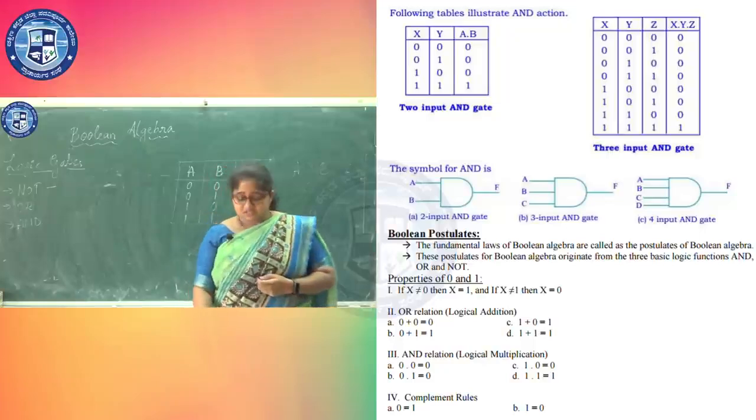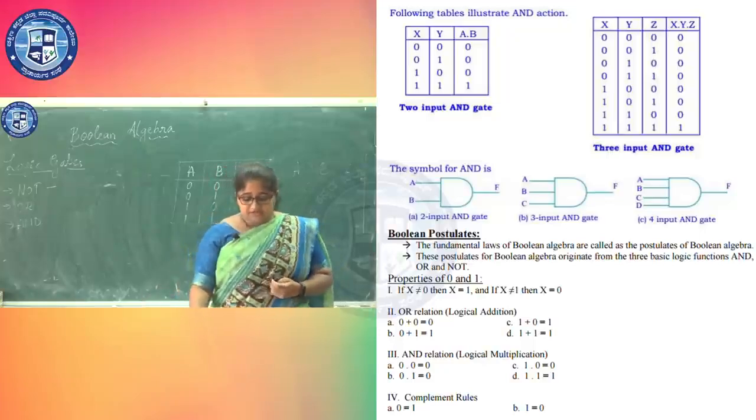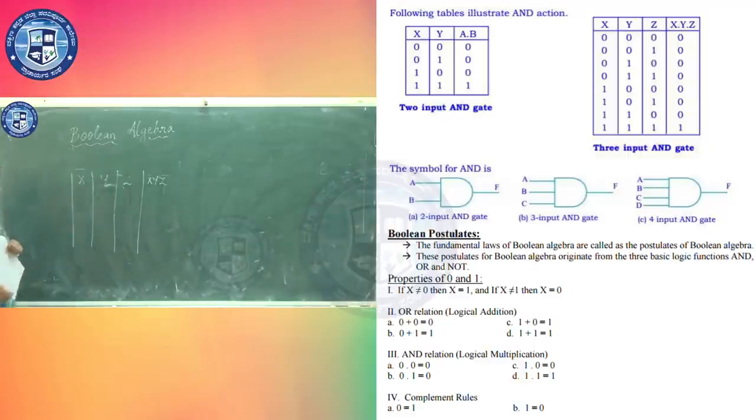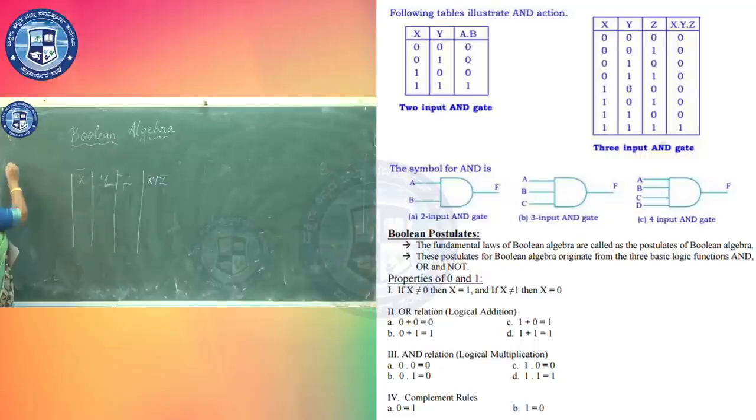You have it in the notes there, x into y into z, wherein look at the first row over there. As I have told you previously, if we are having 3 variables, then we will have to calculate it as 2 to the power of 3. That is, we will have to have 8 rows in our truth table.